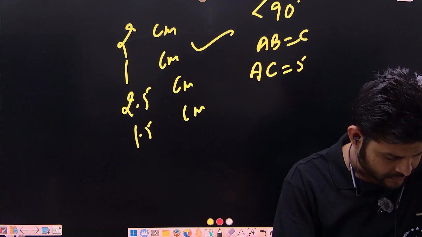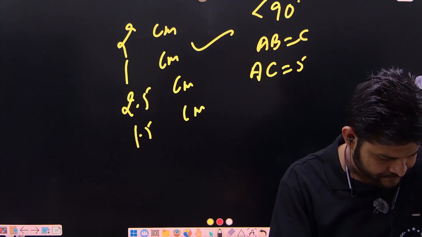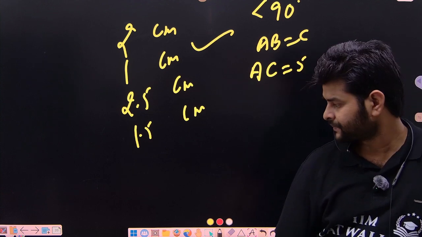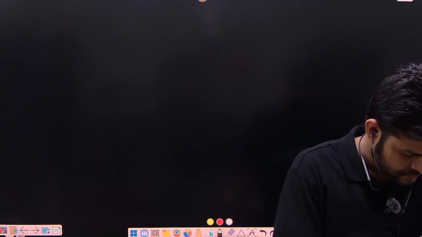So now the heading is circumcenter. Guys, what is circumcenter? Need to explain.